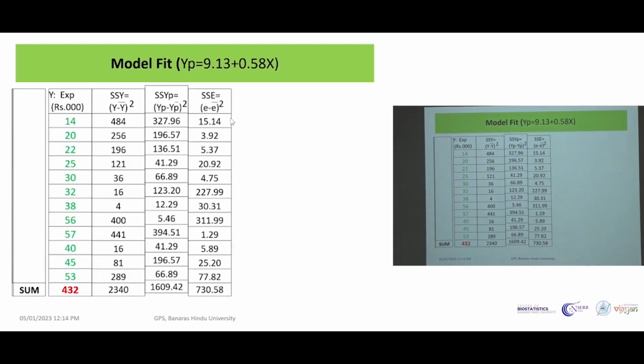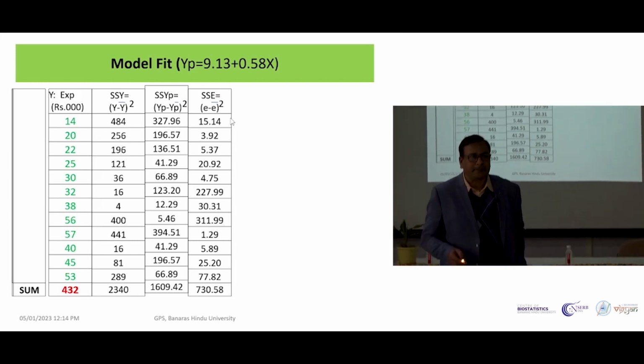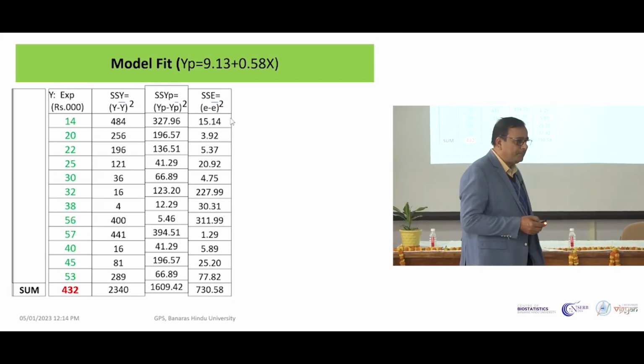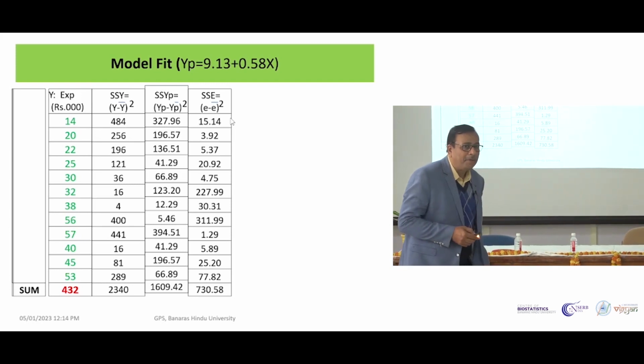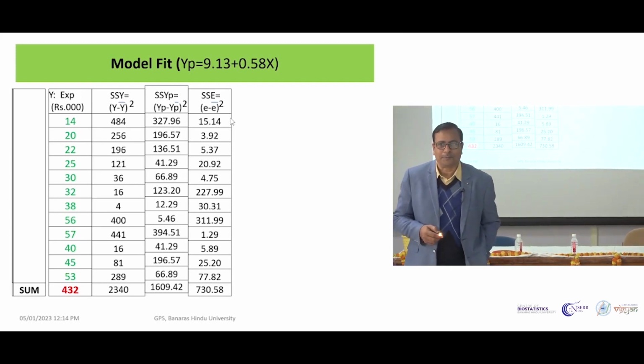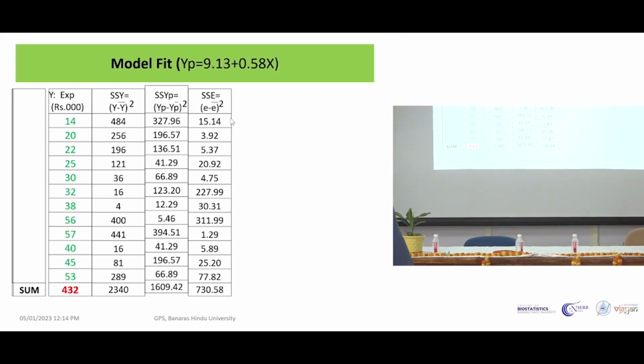Now we calculate certain things, and those are sum of square. There is a word sum of square. Have you heard it? SS. Haven't heard? Many people's faces show nothing.